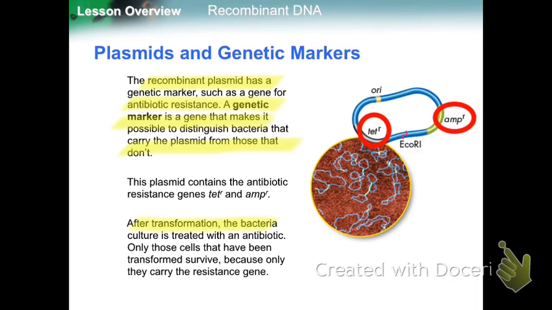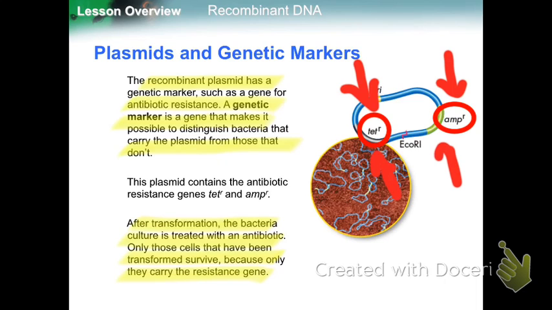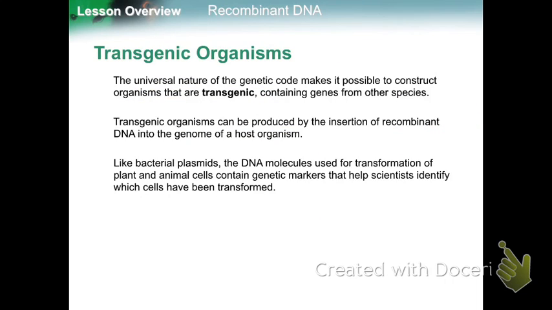So after transformation, the bacterial culture is treated with an antibiotic. Only those that have these resistance genes will survive. So they'll grow this bacteria on a plate that contains tetracycline and ampicillin. Only the bacterial cells that have resistance to those, in other words, have contained this plasmid, will be able to grow.